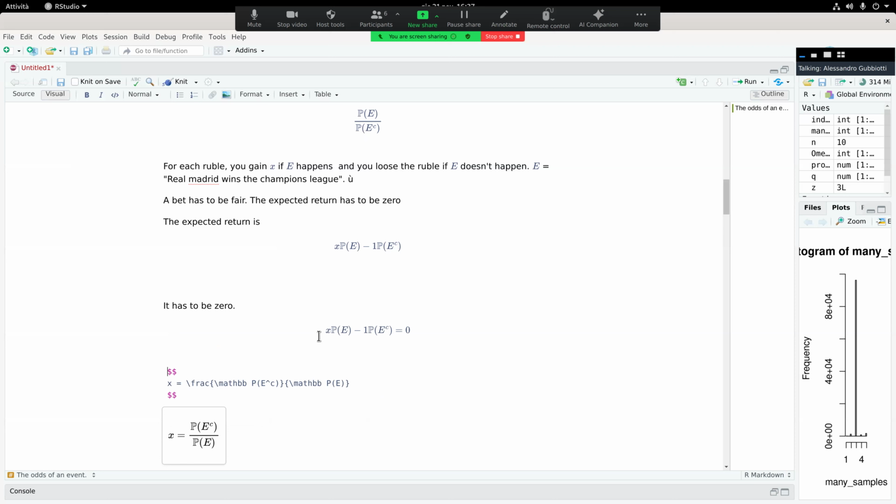I wanted to connect it with the number you see in bets, but probably I'm missing something, because now this x can be between 0 and 1, and usually you always see a number greater than 1. So the number you see in bets is x plus 1.